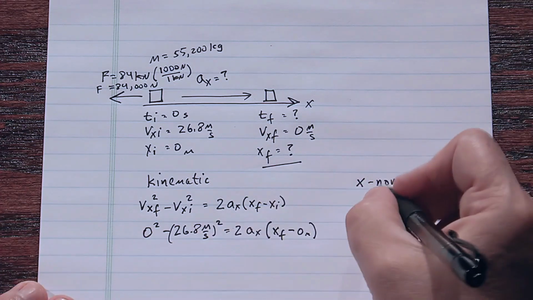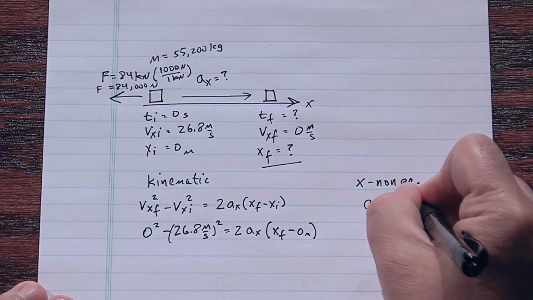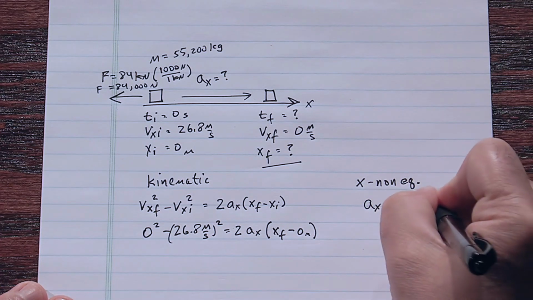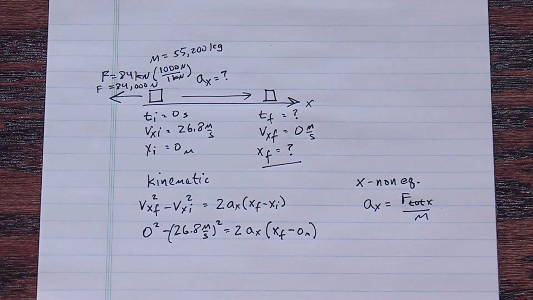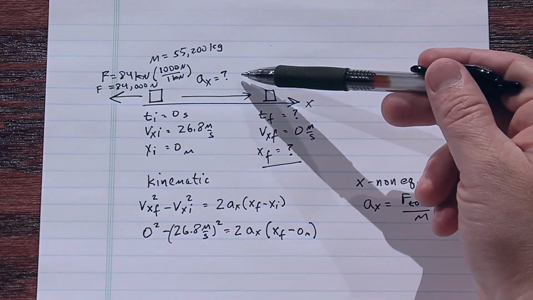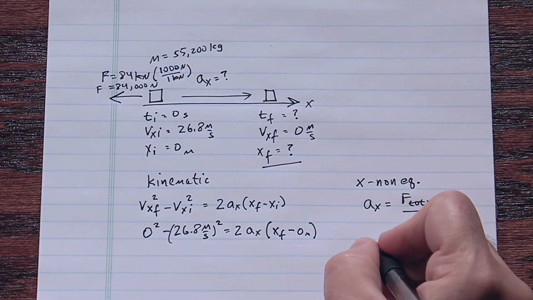And in that case, the acceleration in the x direction is equal to the total force in the x direction divided by the mass of the train. And as long as you realize that there's a mass, that you know the mass, you know the forces, you know that you can get the acceleration from Newton's second law, so that even though we didn't know acceleration, we knew that we could find it. So let's see what that gives us.